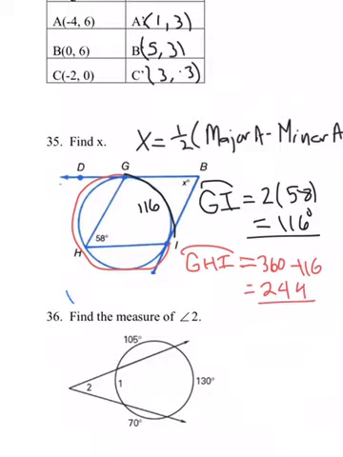So x is 1/2 of 244 minus 116, which is 62.5.